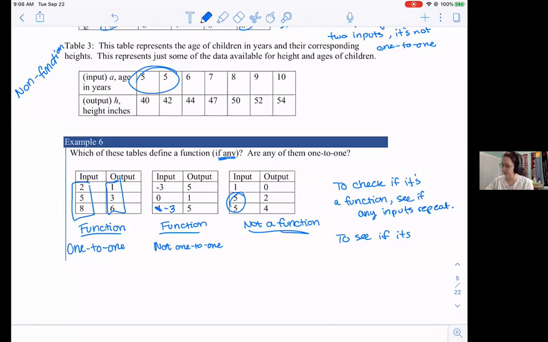Good question, Emily. So duplicated points don't count. Duplicated points can be omitted.